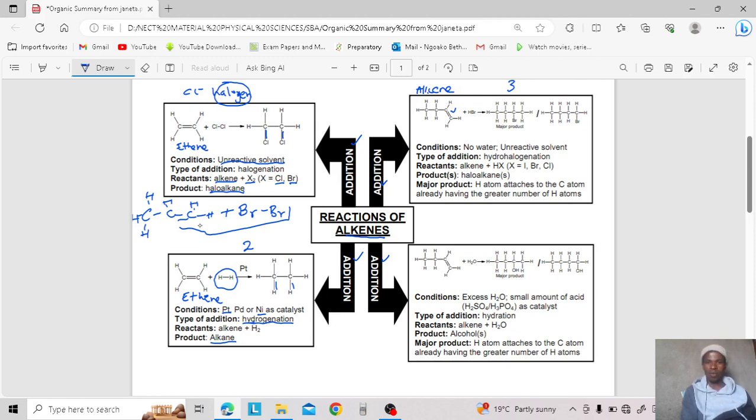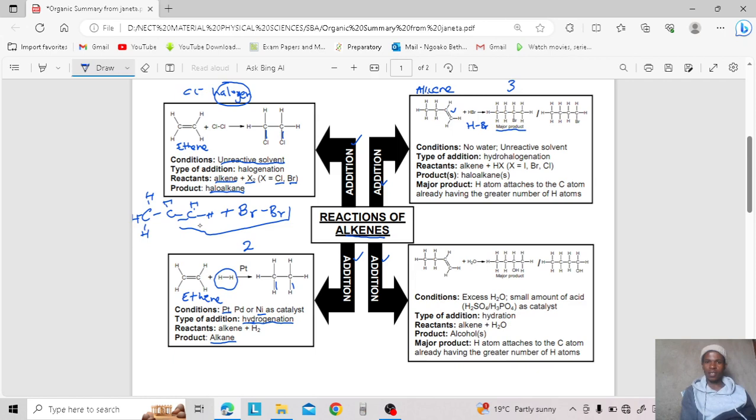Now we add H bonded to Br. This H bonded to Br, and this bond is going to break. After it breaks, we still have hydrogens on the carbons, 1, 2, 3, 4 and here 1, 2, 3, 4, but we need to see what the major product is. For the major product there is a rule, we call it Markovnikov's rule.